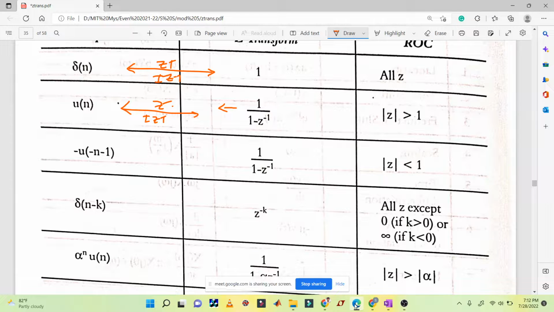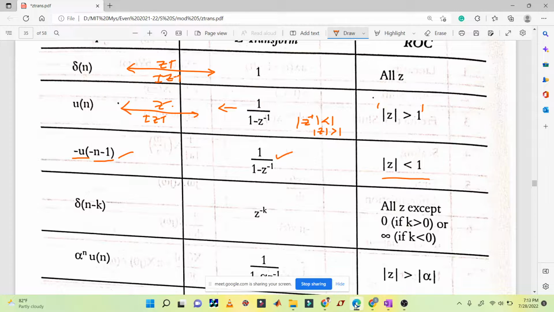Okay, now you can see minus u of minus n minus 1. For this also the Z transform is the same, but the ROC is different. Here the ROC is Z inverse less than 1, or Z greater than 1. For this one the ROC is Z less than 1.